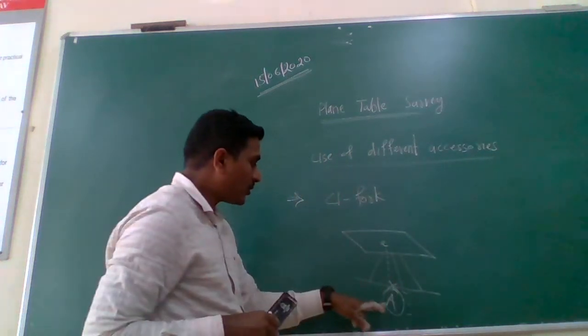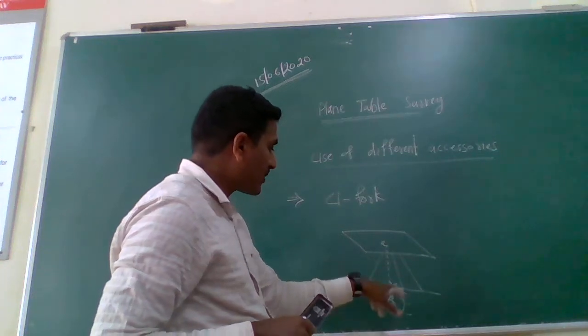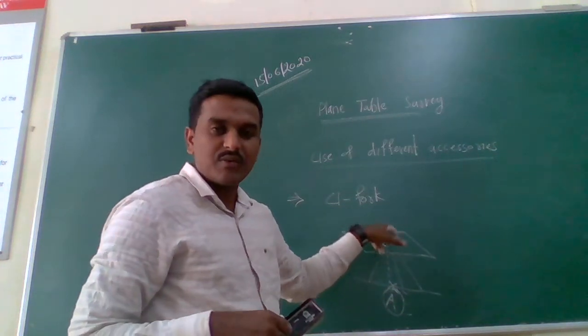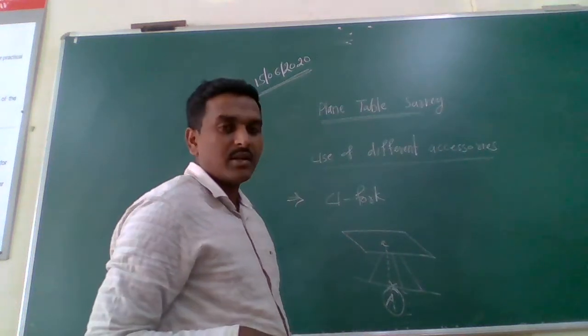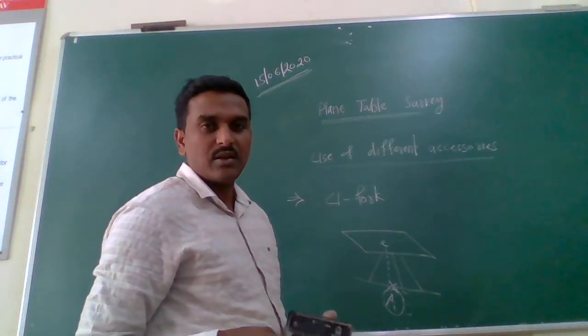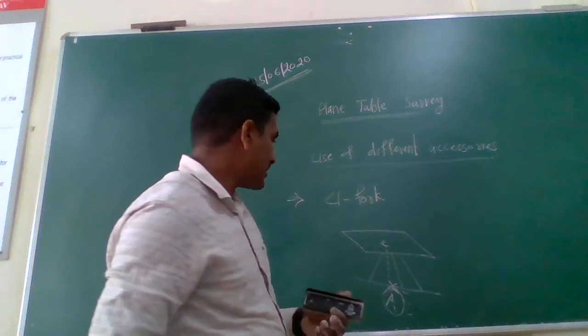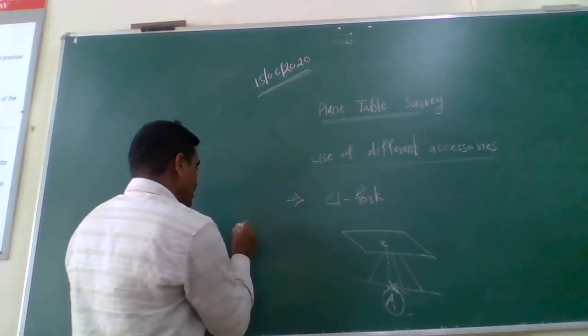Suppose I want to transfer the point from ground to the sheet or from sheet to the ground. Then there is a special instrument or accessory used in plane table survey, that is known as U fork.